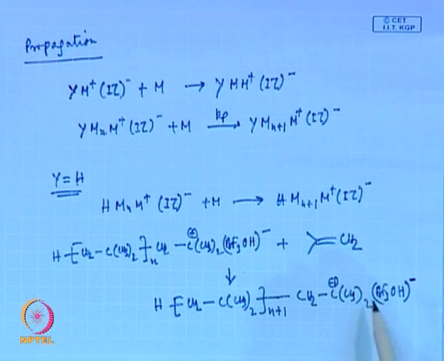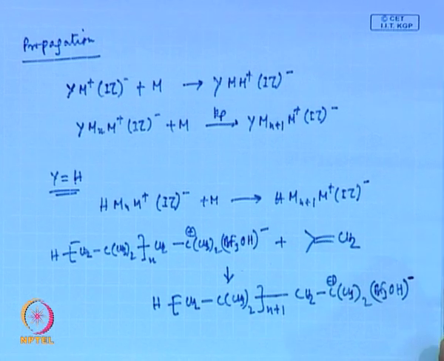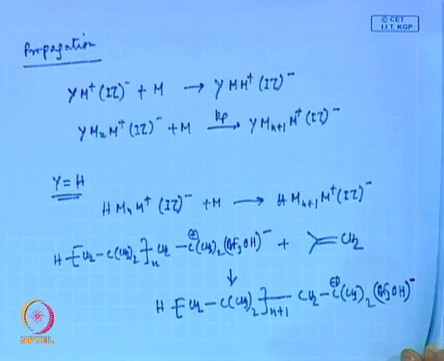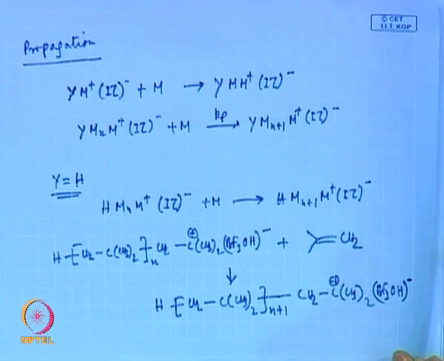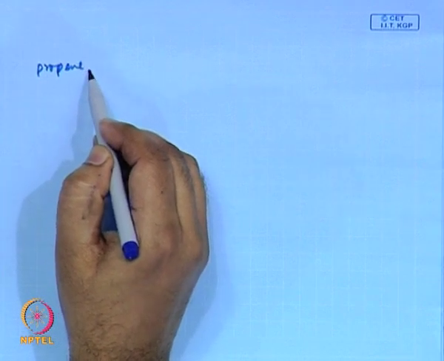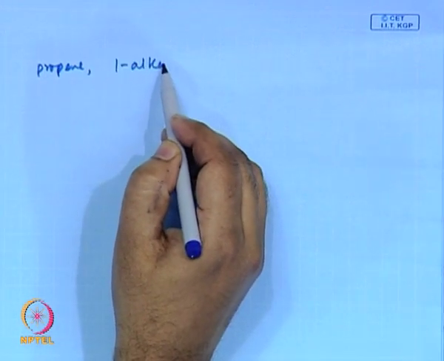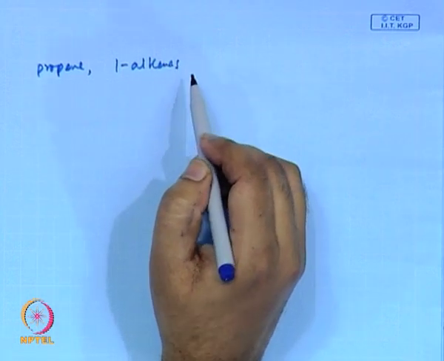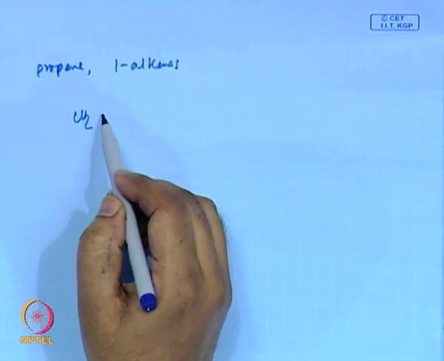Sometimes this propagation reaction could be complicated because of a 1,2 hydride shift, but that is not very common. I will just give you an example when these propagating steps could be a little complicated by hydride shift or methide shift, and that is applicable for say propene or one alkenes. Take an example.